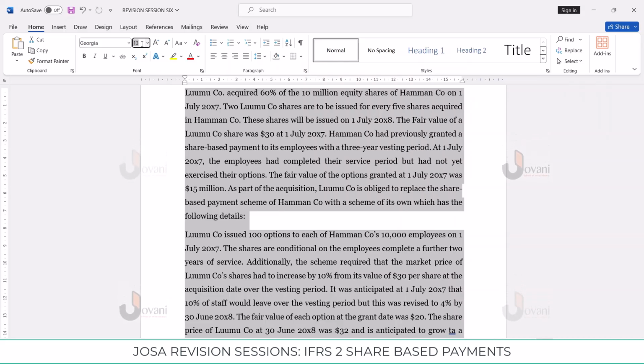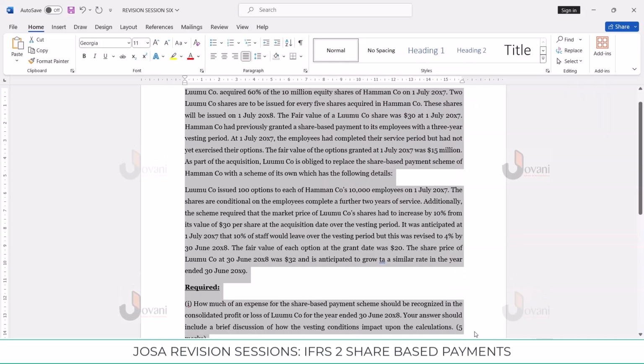I want everything to be on one page. These are just 5 marks, we don't need them. I want to balance it.